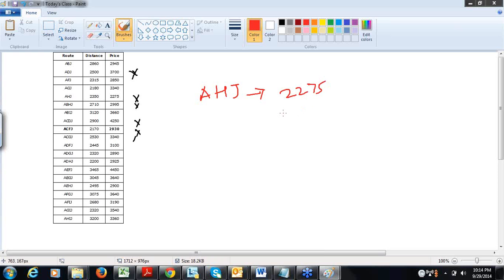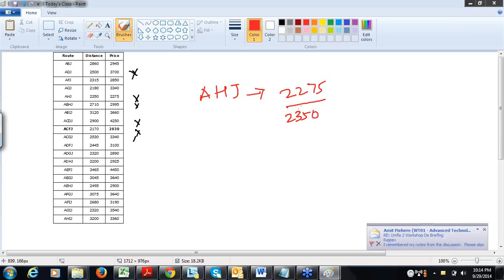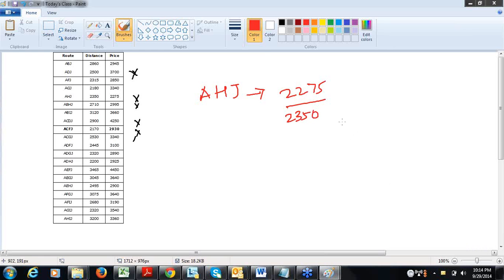So you want to find out minimum price per kilometer. So 2275 upon 2350. So it comes out to be 0.97. Okay, so minimum cost per kilometer is 0.97 here. Now it is saying that this actually includes 10%.